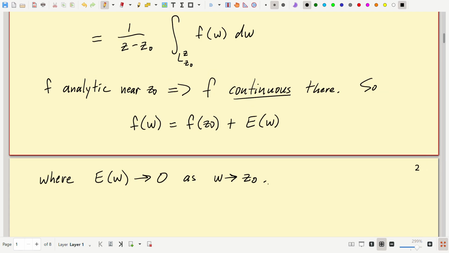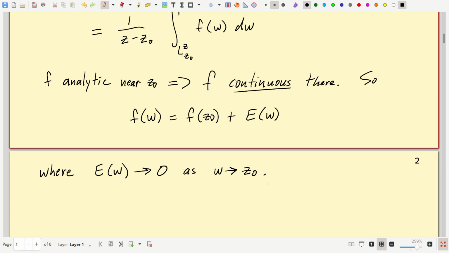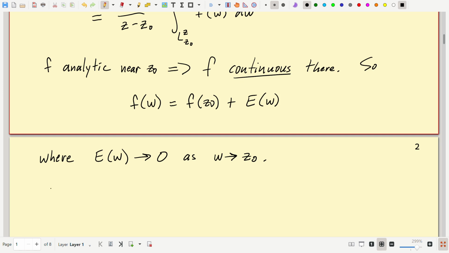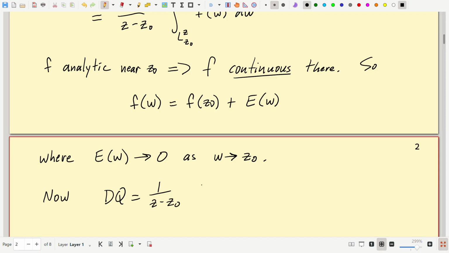Okay, so now here's what I'm going to do. That difference quotient, there it is at the top there. The difference quotient is 1 over z minus z naught, and then I would have the integral along the line segment z naught to z of a constant.